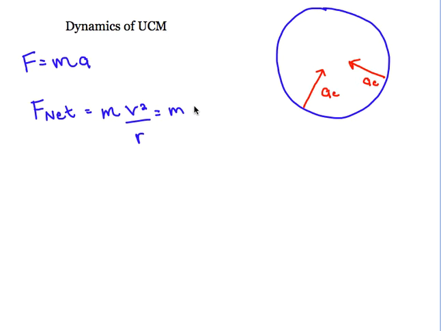Or also, centripetal acceleration is 4 pi squared r over T squared.